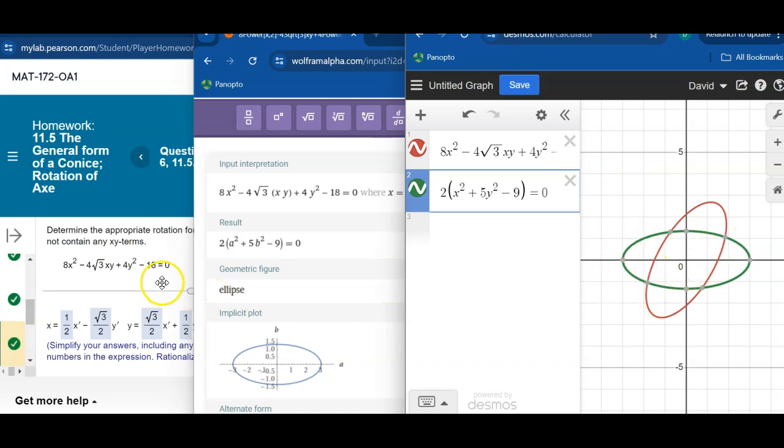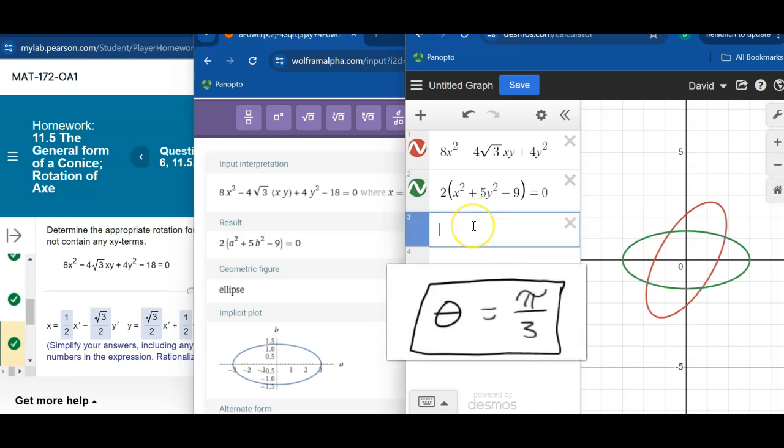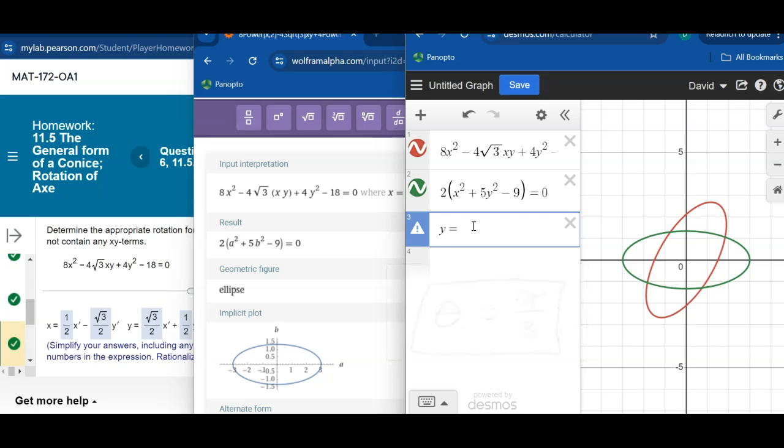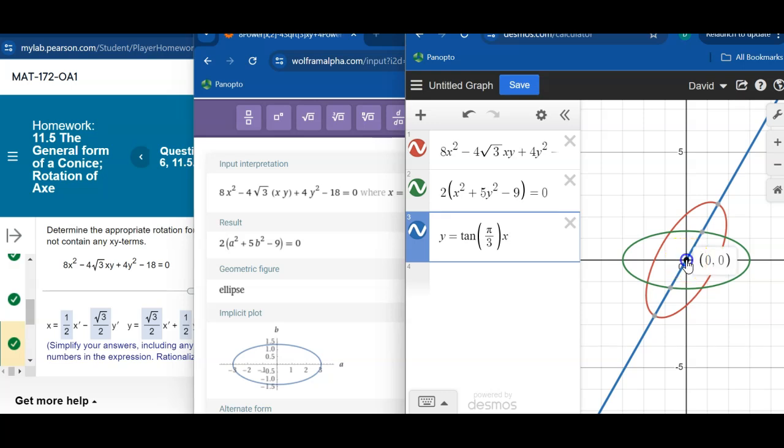Now think about the angle that we calculated. What angle did we get here? We got pi over 3. Remember, tangent is the slope of the line that connects the point in the middle, the circle, to a point on the unit circle. So if I did y equals tangent of pi over 3 times x, I'll get a line with a slope that goes through the origin, and the angle of inclination from the x-axis up to there is pi over 3.